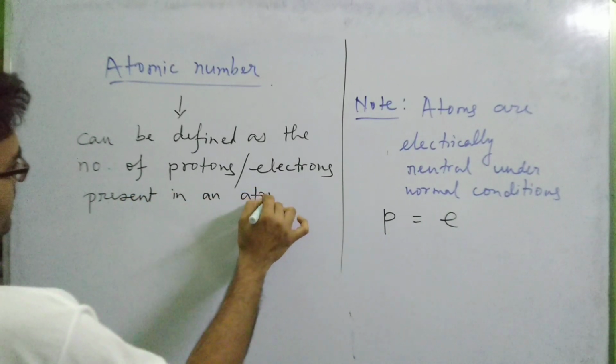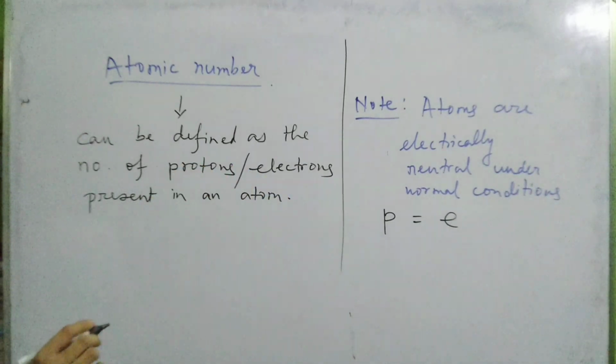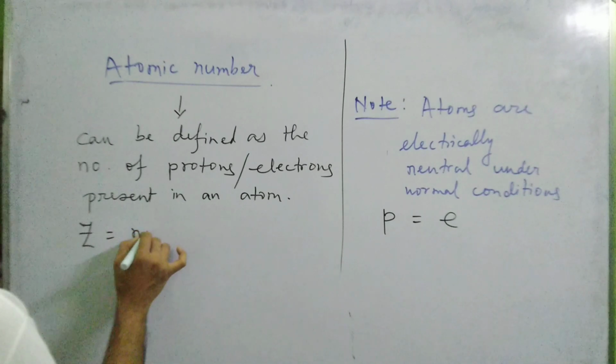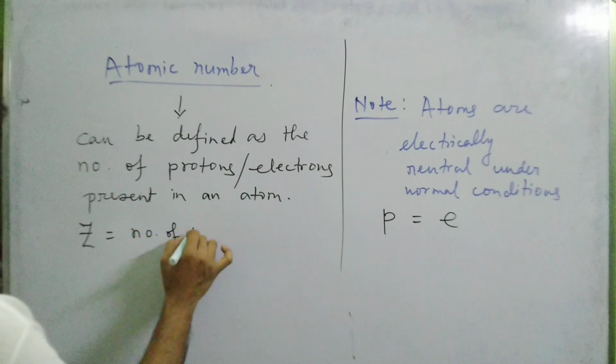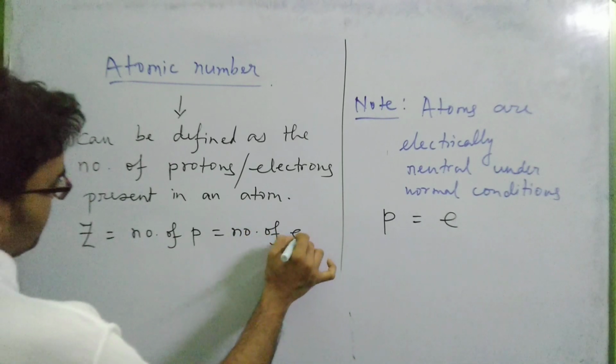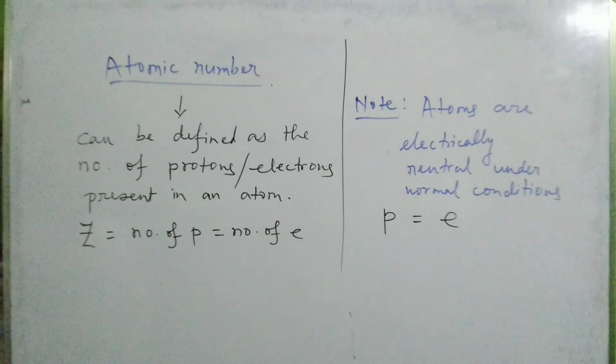Okay, so this is the atomic number. Atomic number is generally denoted by the letter Z. It is equal to number of protons equal to number of electrons. Okay, so this is atomic number.